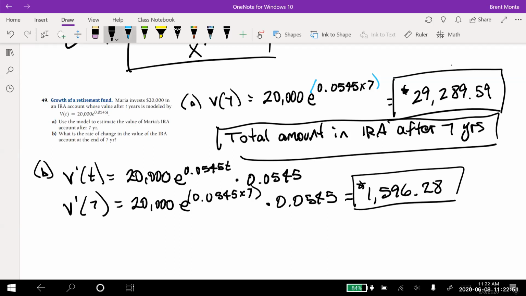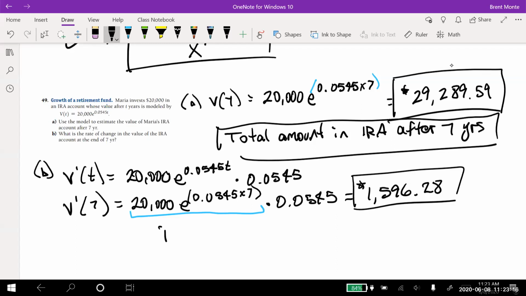This piece here was all the same that I had before. What that represented was the total amount in the account after 7 years times the interest rate for 1 year. So the number that I got, that's my predicted interest in the next year, which would be year 7, because we're already at 7 years.